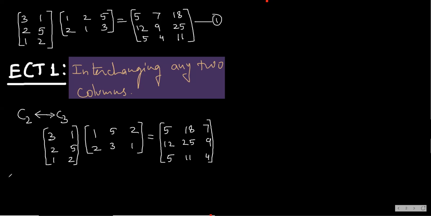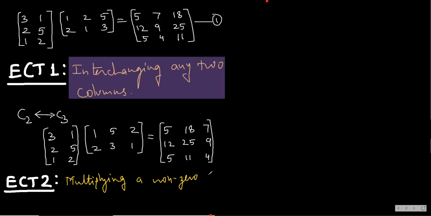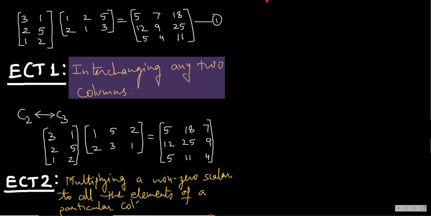Now I go for ECT2. See here. What is ECT2? ECT2 will be multiplying a non-zero scalar to all the elements of a particular column.